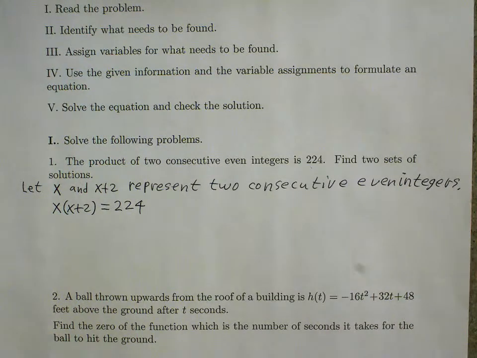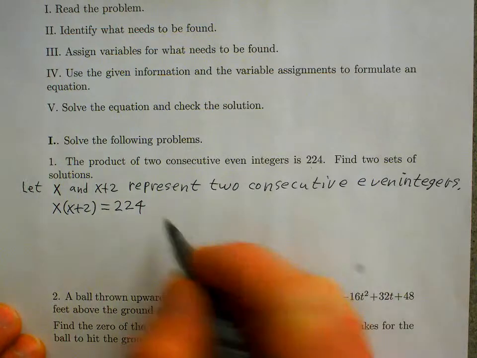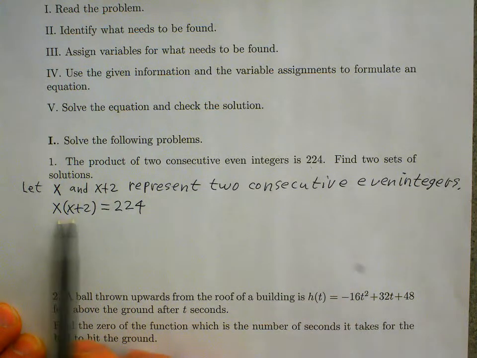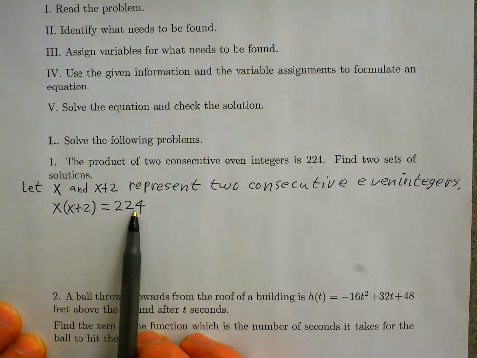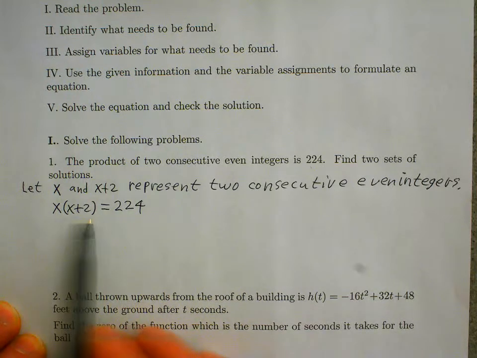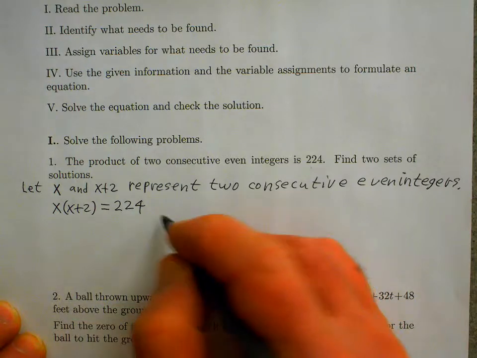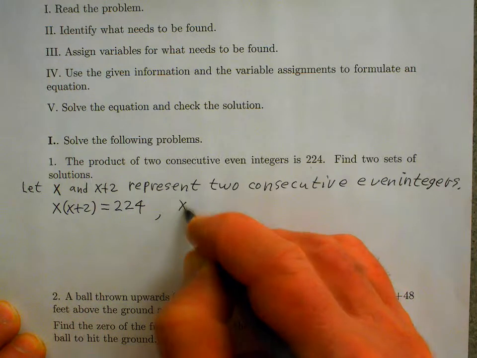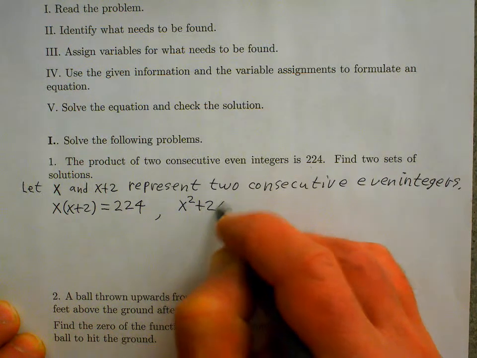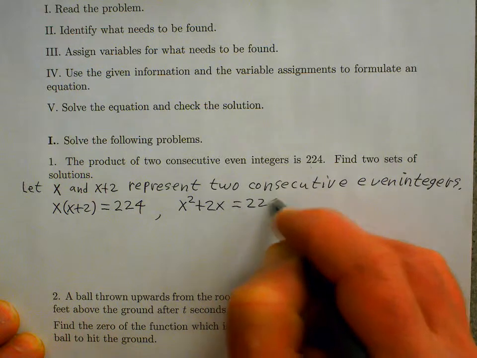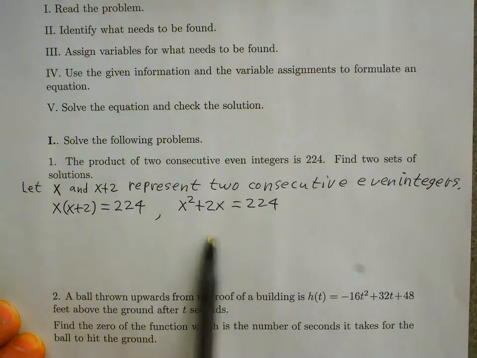So there is our equation, and now we solve it. The left-hand side is factored, but the right-hand side is not 0. So we want to multiply x times x plus 2 to get x squared plus 2x equals 224. And then we'll solve this equation by factoring.